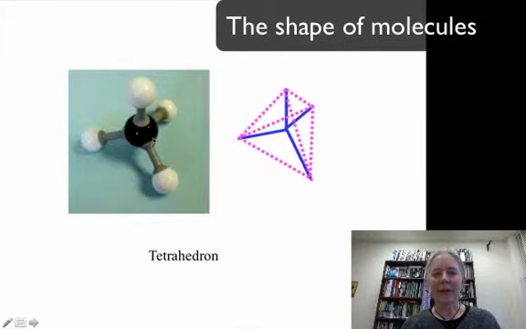So if we think about this black ball as being the nucleus, and we think about these white balls as being pairs of electrons, the way they get as far apart as they possibly can from each other and maintain their distance from the nucleus so that they're really orbiting all around the nucleus, the way they get that far apart is by forming this shape called a tetrahedron.